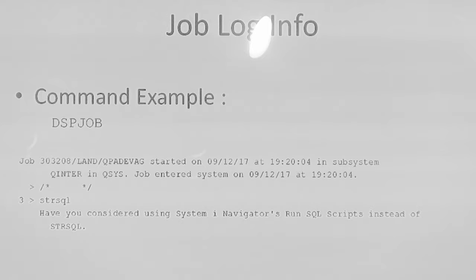For this particular one, I used the asterisk as the parm, which brings back the current job. That is the same job log brought back by SQL as it was a couple of slides ago by the display job command.